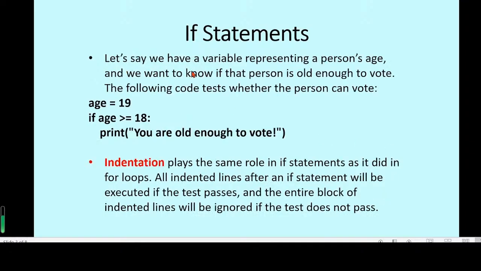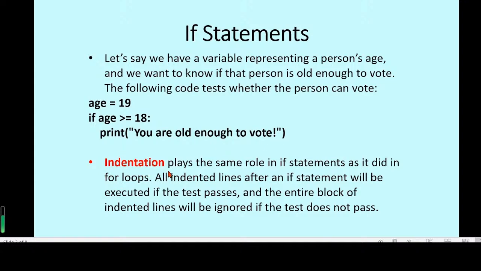So let's say we have a variable representing a person's age, and we want to know if that person is old enough to vote. The following code tests whether the person can vote. So assign 19 to this age variable. Then this if test: if age is older than 18, the message "you are old enough to vote" will be printed out.